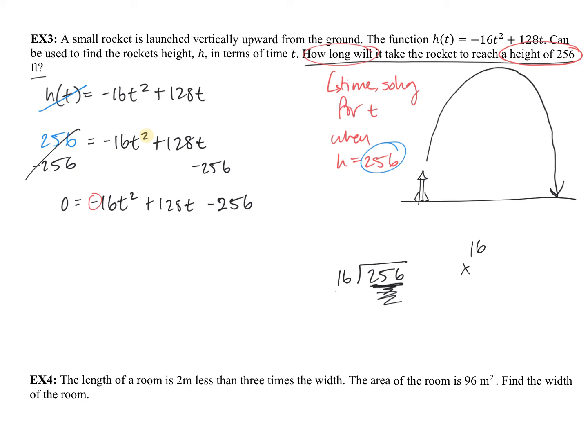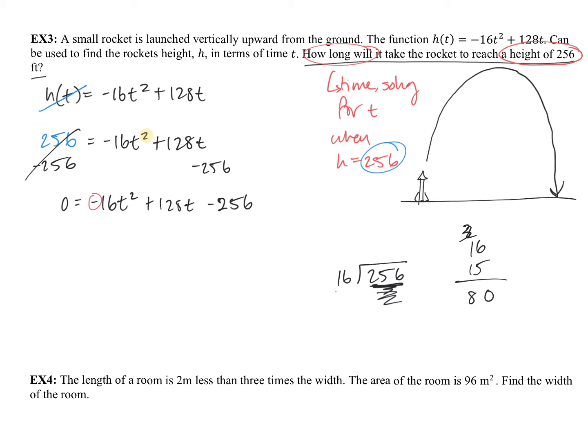16 times 13, what would that give me? 8, 2, 8. That's a little too small. Let's try something bigger. It's close. How about 15? That'll be 30, and then 5 times 1 is 5.